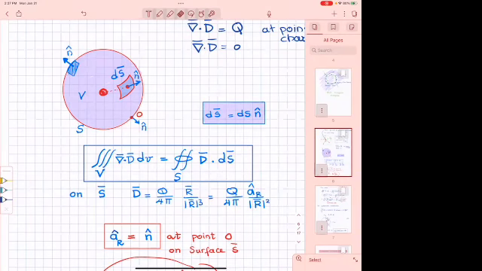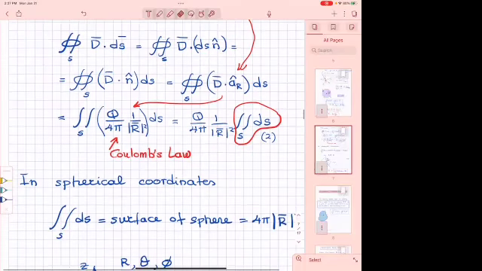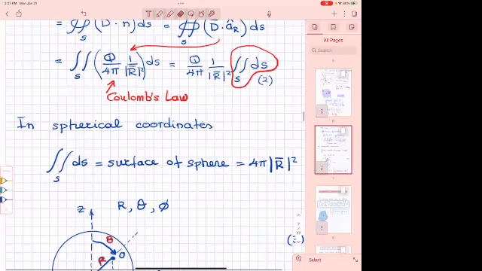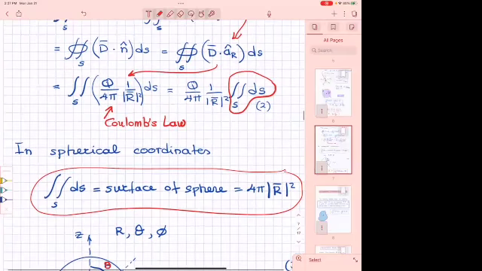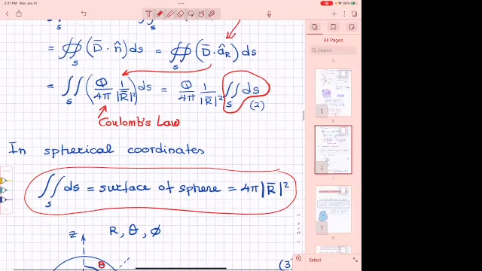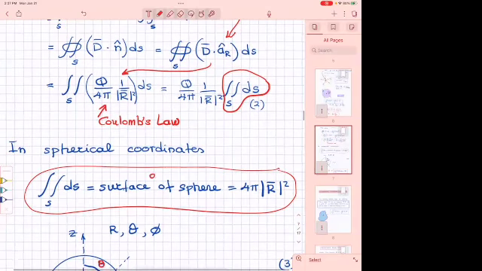How much is the area of the surface of the sphere? The area of the surface of the sphere, to be accurate, that's area.